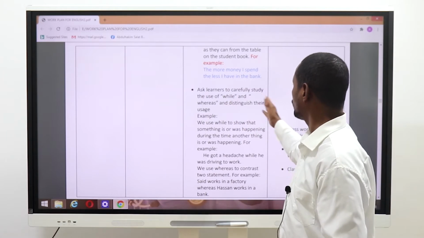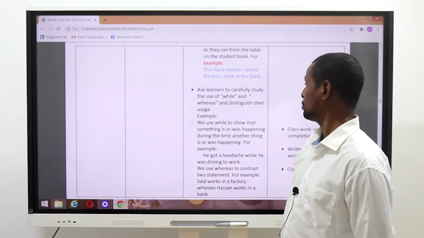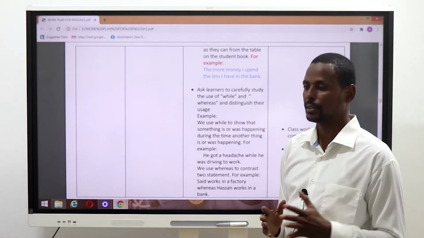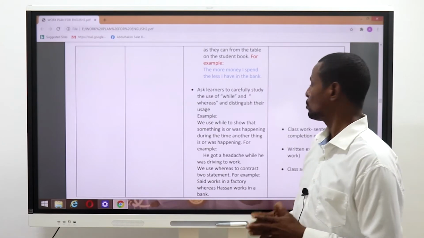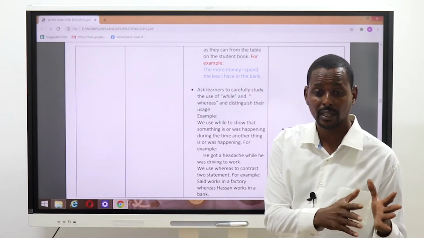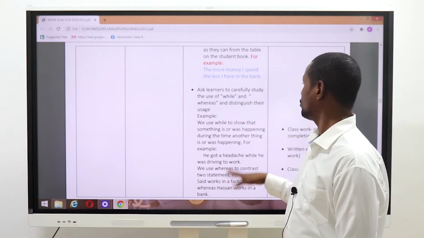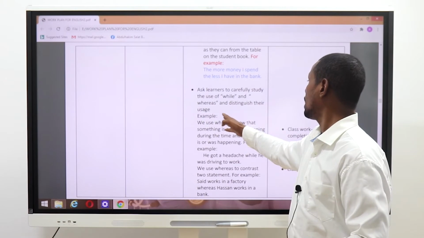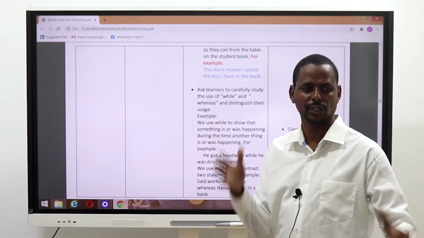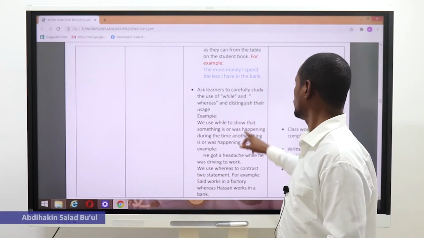Ask learners to carefully study the use of while and whereas, because this is sometimes confused. Ask them to carefully study when we use whereas and when we use while. They should distinguish the usage between whereas and while.